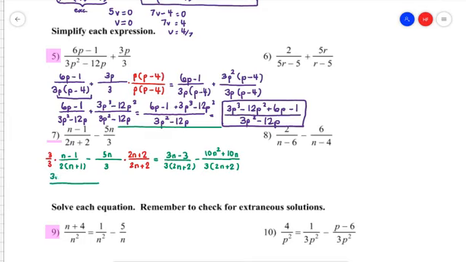So I have 3n minus 3 minus all of 10n squared plus 10n. So I need to make sure that I have subtraction in there all the way across. That's minus 10n squared minus 10n.